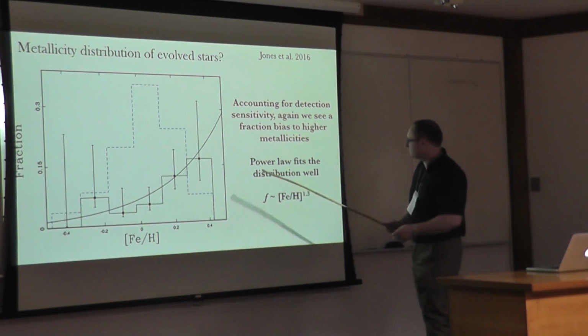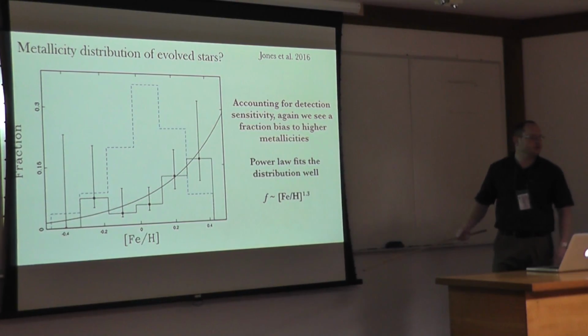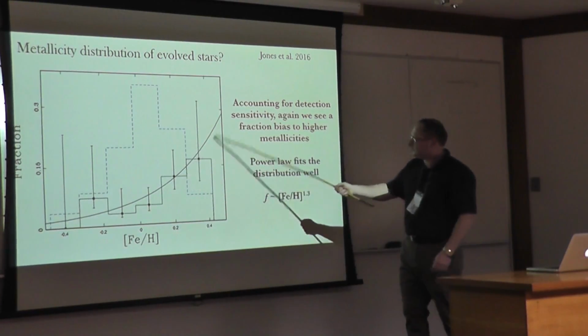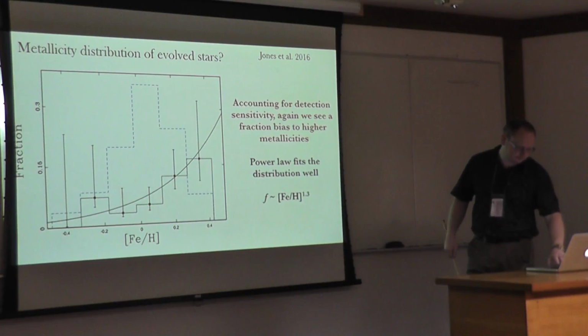This has got a big error bar. It actually agrees with the dwarf sample, to be honest. But the point is that it turns out there's a statistically significant increase with metallicity.